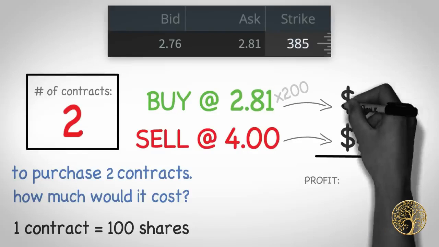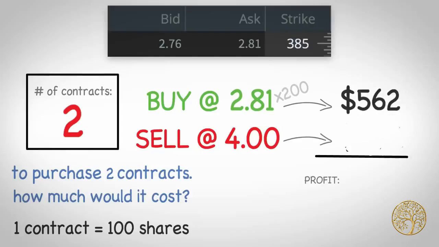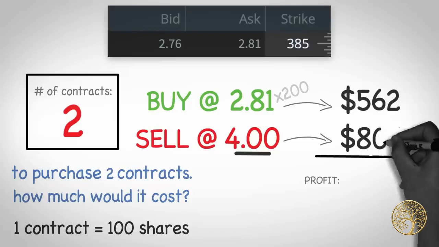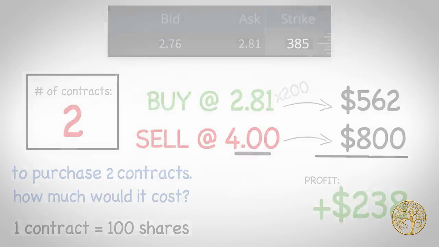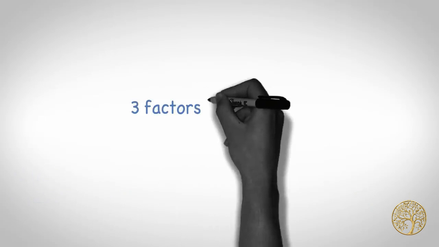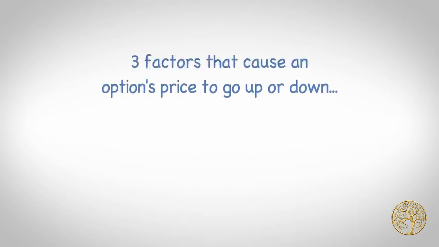So two contracts would cost us $562. So now if the price of the option goes up and we can sell both of our contracts at $4, then that means we turned $562 into $800. So our profit would be $238.